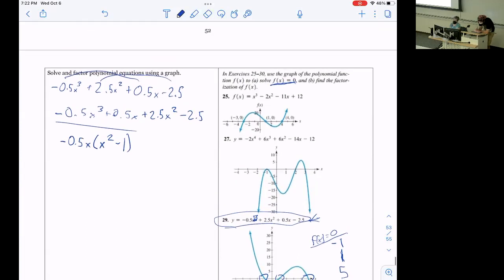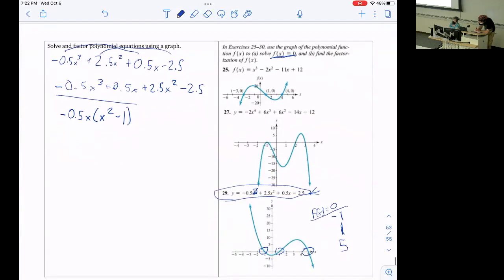And then if we factor out a positive 2.5 from the other one, we get 2.5 times x squared minus 1. Now we have our nice grouping. We can factor out this x squared minus 1. So we have x squared minus 1 times -0.5x plus 2.5.